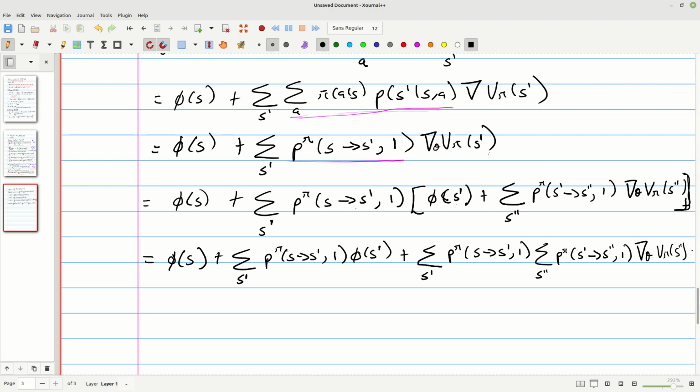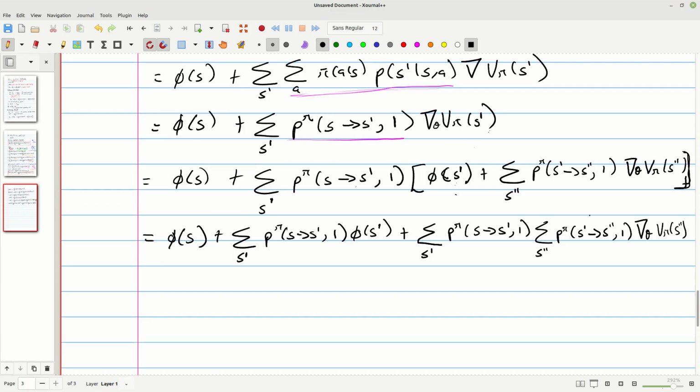Okay, so this is getting pretty long. We just multiplied this times this plus this times that. That's all we did here. So let's simplify that further.